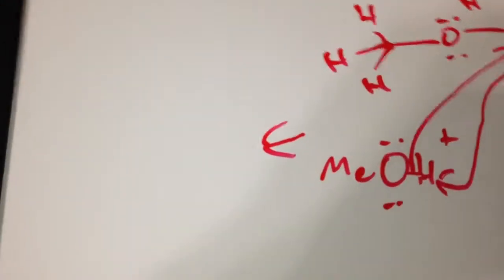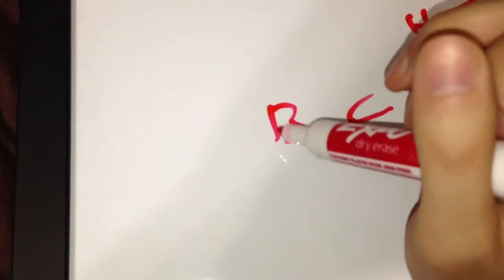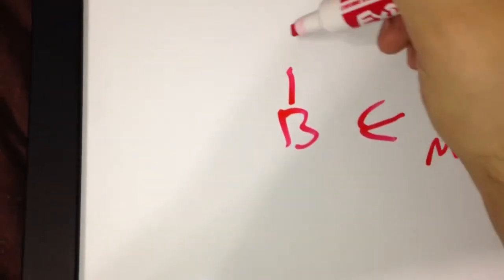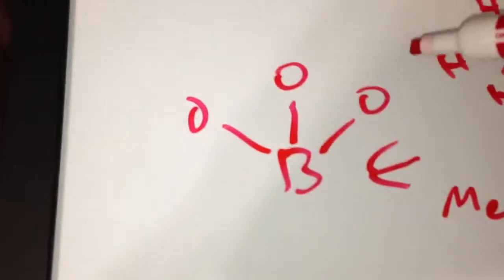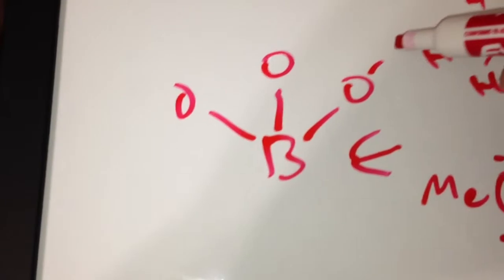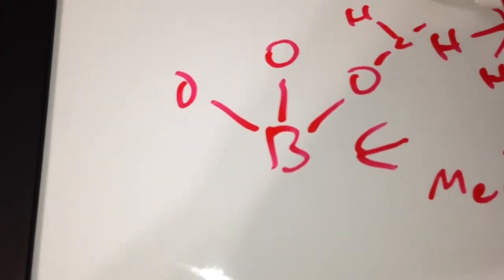So when you rewrite it, you have your boron that's attached to oxygen, oxygen, oxygen, and then everything else that they're attached to, which is just carbons. I'll just rewrite it.